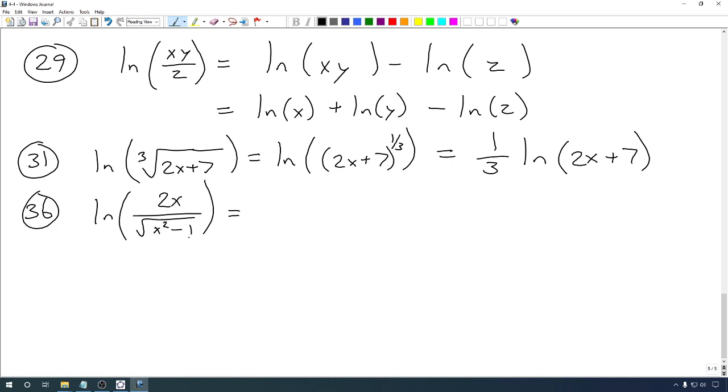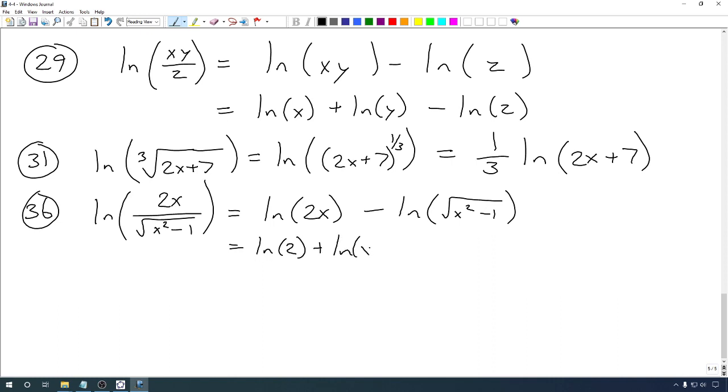First thing, we have a quotient. So we take a natural logarithm of the top minus a natural logarithm of the bottom. Next, we have a natural logarithm of a product. We can turn this into the natural logarithm of 2 plus the natural logarithm of x.